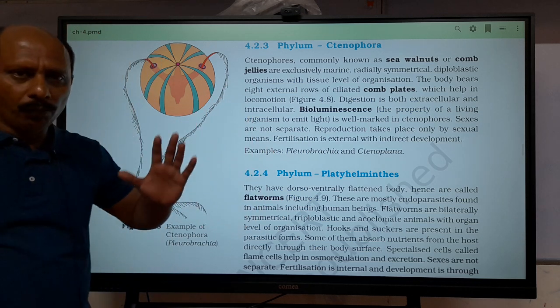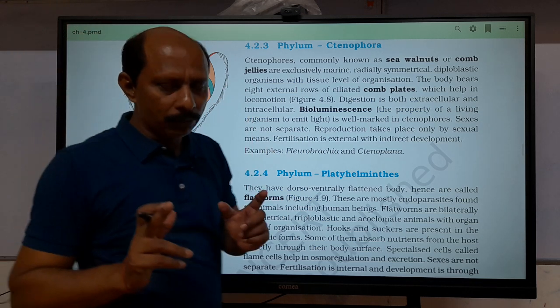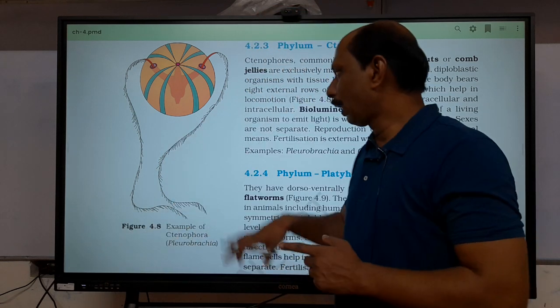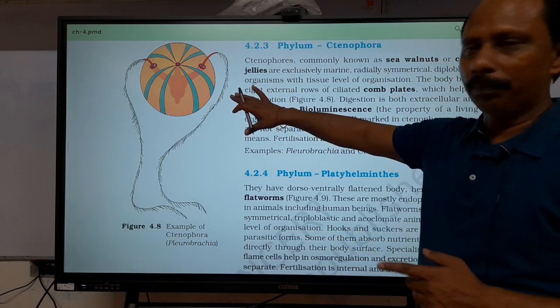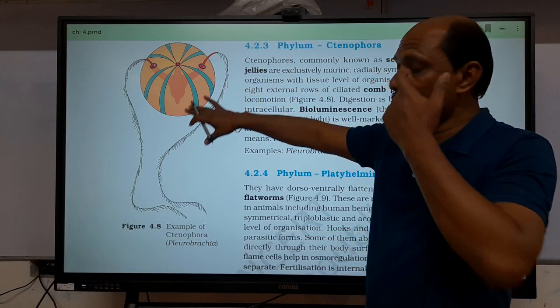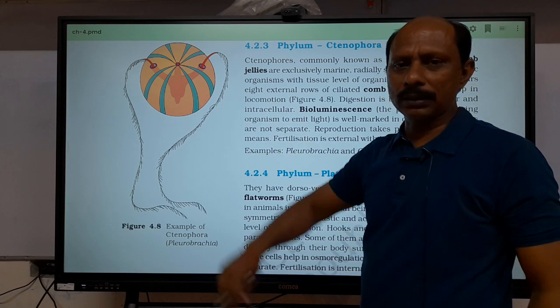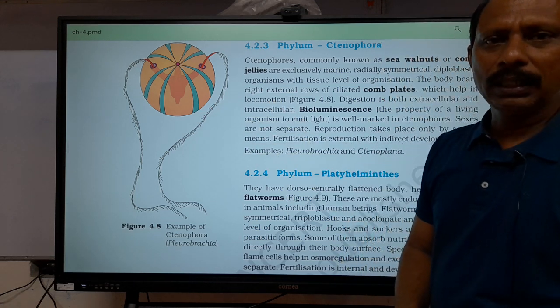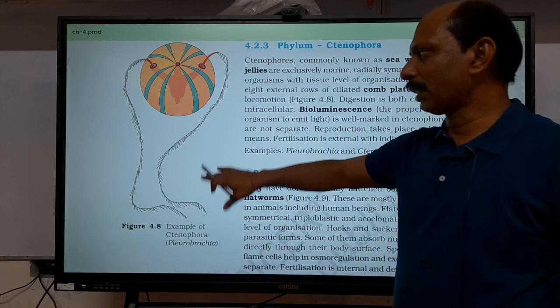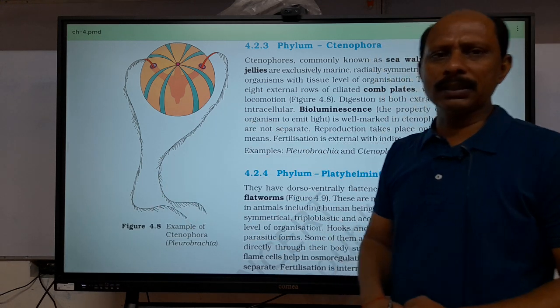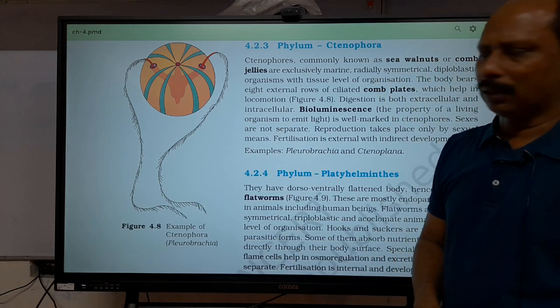But when we consider other structures, they do not resemble the Cnidarians. They have no sting cells, but they have lasso cells. They have no cnidoblast cells. They have a specific cell, called lasso cells, right? First thing.